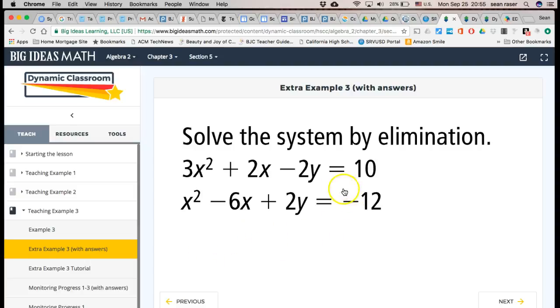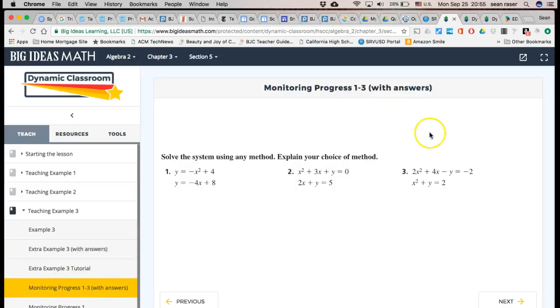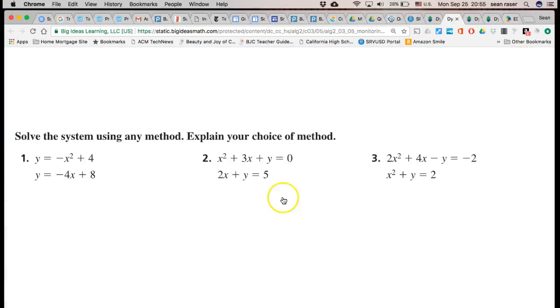Okay, now that you've done that problem, I've got 3 problems that I want you to practice using any method of your choice. So you can use substitution, graphing, elimination, whichever one you think would be best for each of these.